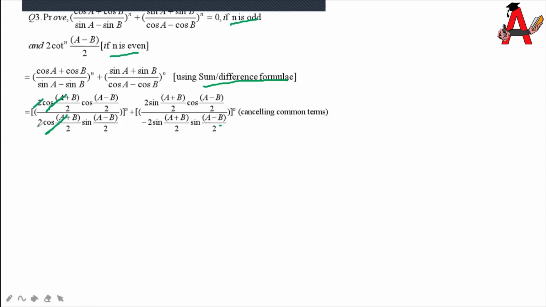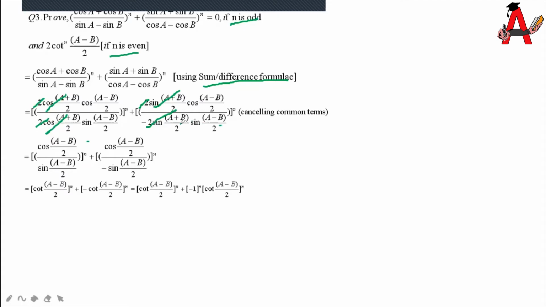Now you can see that the common terms like 2 and cos (A plus B) by 2 will get cancelled. Here 2 and sin (A plus B) by 2 upon sin (A plus B) by 2 will get cancelled. What remains is cot (A minus B) upon 2, because cos upon sin is cot. So we will get (cos (A minus B) upon 2 upon sin (A minus B) upon 2) raised to n plus, sorry, minus cos (A minus B) upon 2 upon sin (A minus B) upon 2 raised to n.